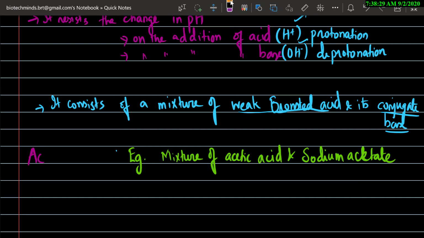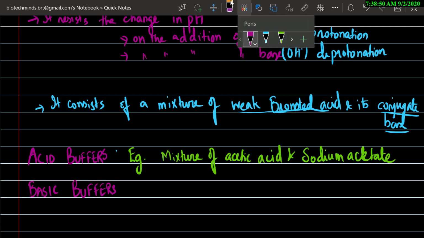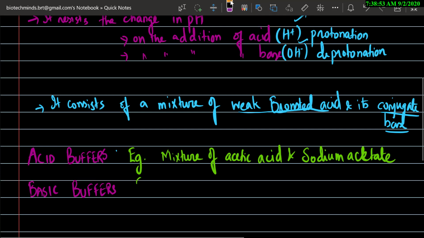So buffers are of two types. One is acid buffers, because this buffering action is done under acidic conditions. These are known as acid buffers. And the other type is basic buffers, which is any basic solution that has the potency to maintain a constant pH.